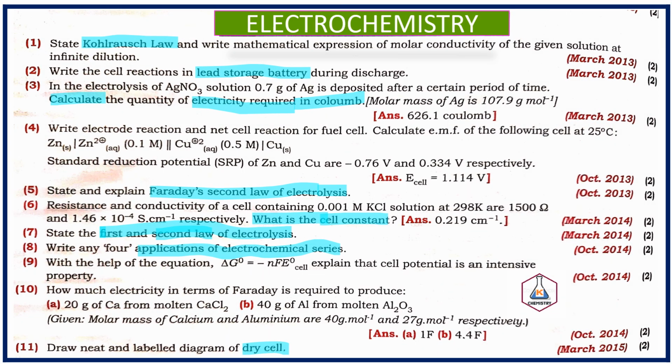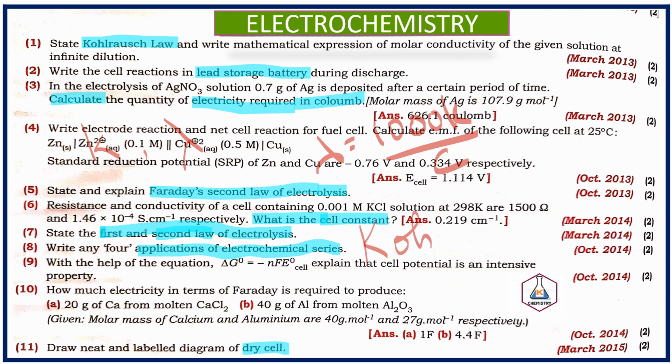Then friends, from electrochemistry, you should go through conductivity, denoted by small k, and molar conductivity, lambda, and the derivation showing the relationship between k and lambda, that is lambda equals 1000 k by c. After that, one should go through Kohlrausch law, very important.